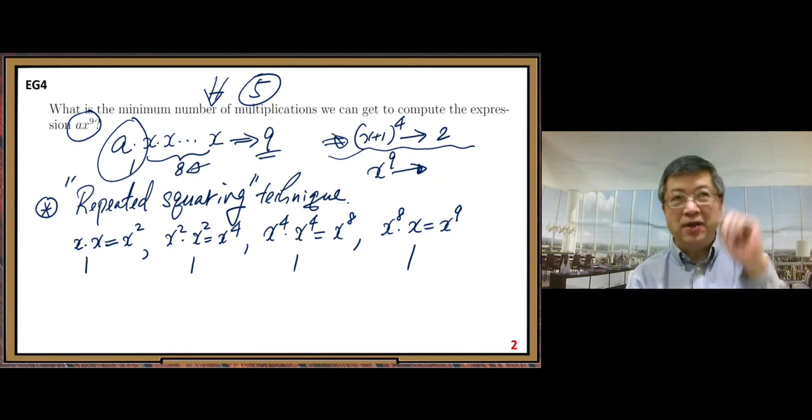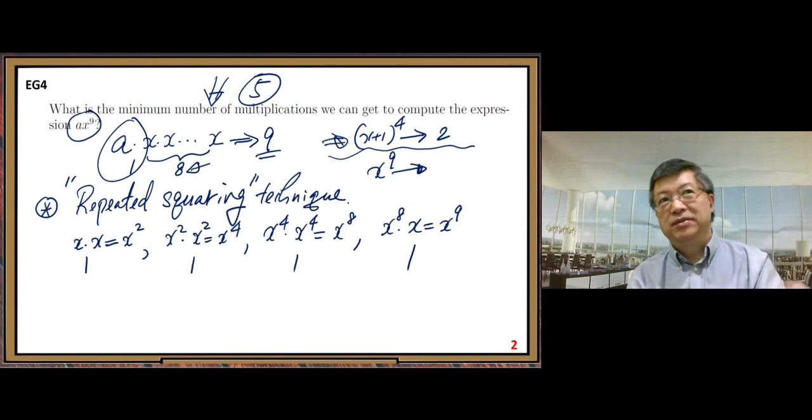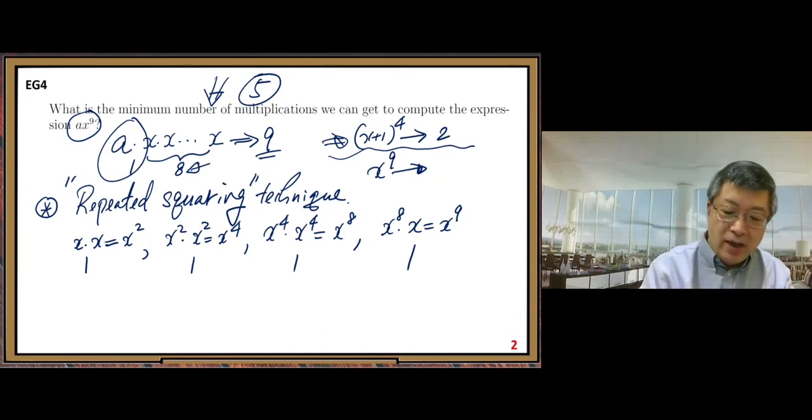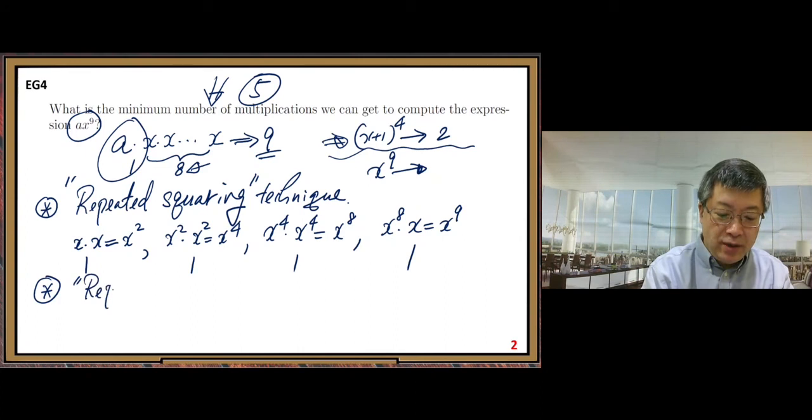Okay, last thing. Another interesting property I'd like to give you here, other than repeated squaring. Can we do a similar technique? That's called repeated cubing.